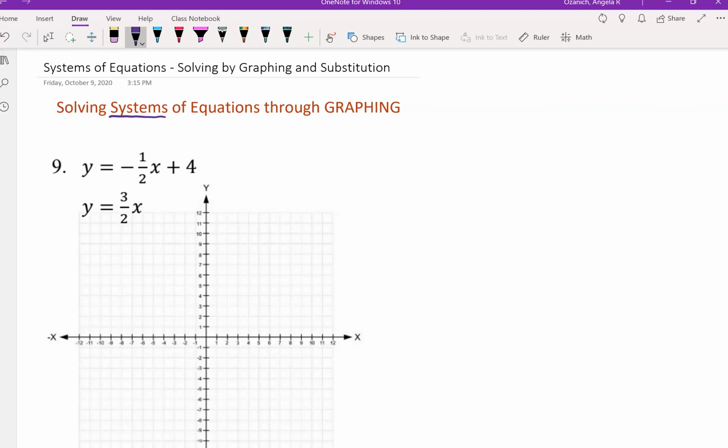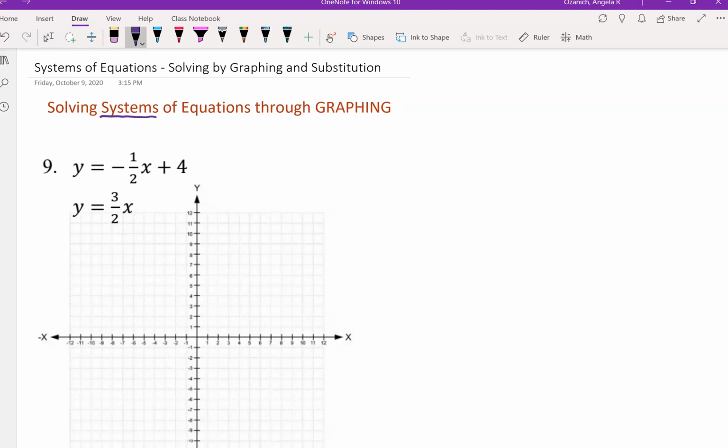And when we're solving a system through graphing, what we're looking for is one of three things. We're looking to find out if that system has zero solutions, okay? And that happens graphically if our graph has two lines that are running parallel to one another and they never touch, okay?